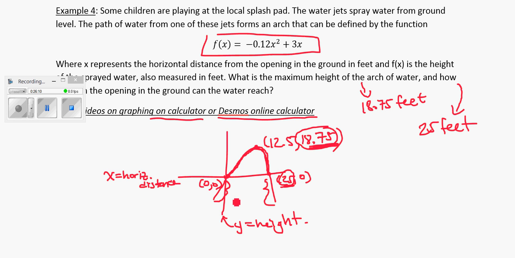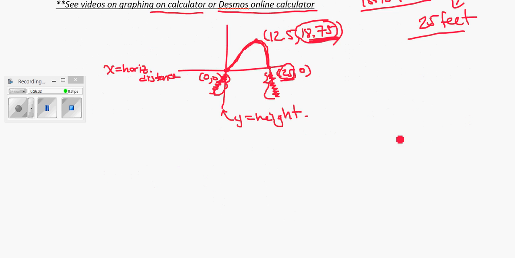So I guess if the water kept going down into a hole in the ground, then that's what would be represented by this portion. But really, that does not make sense in the context of the questions we're asked about this formula. So we're going to say that 18.75 is the max height and 25 feet is the max distance.